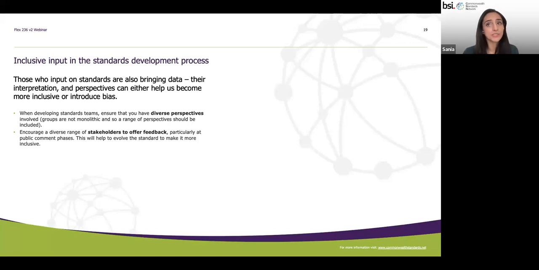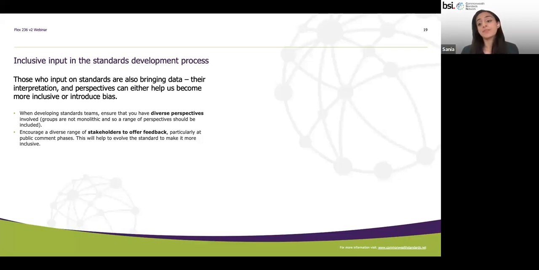So to mitigate this, when developing standards, ensure that you have a diverse range of perspectives involved. As mentioned, you might think, okay, well, we'll get one person from this group or representing a certain race or ethnicity or region, whatever it might be.